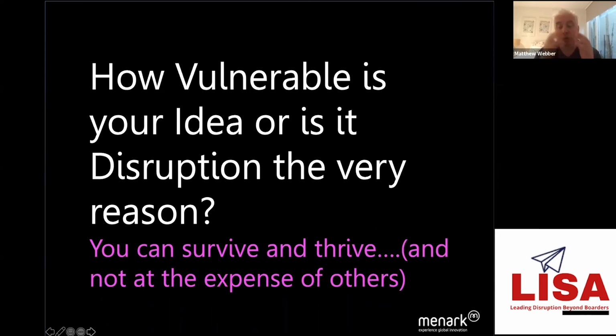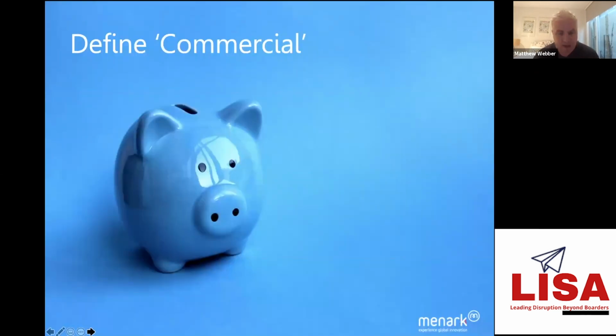So you do need to cast your mind forward and think about how this idea can potentially be disrupted, or is it disruption that is the very reason that it's existing? So you might be solving a very meaningful environmental challenge, for example, and that's why it exists. But I think that is the first point that I want you to start thinking about from a commercial point of view. I know that that's very high level, and we'll start coming down, but those issues are quite important.